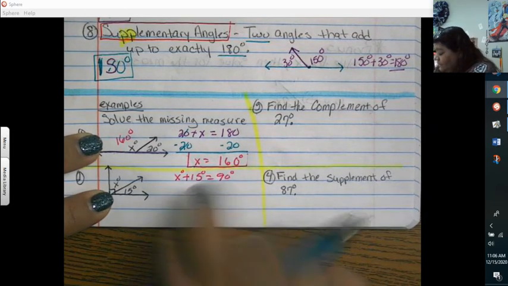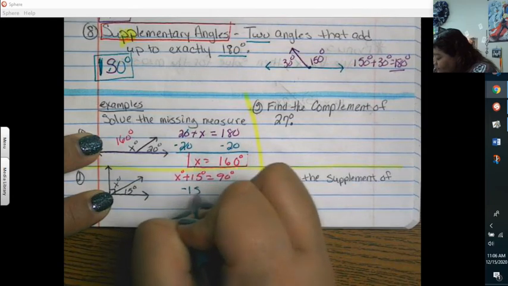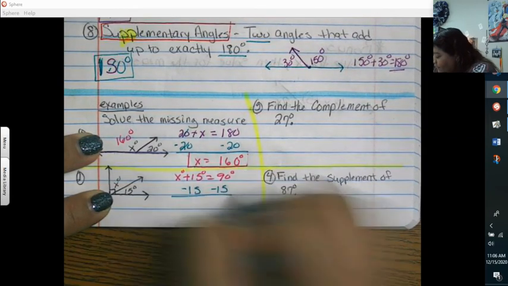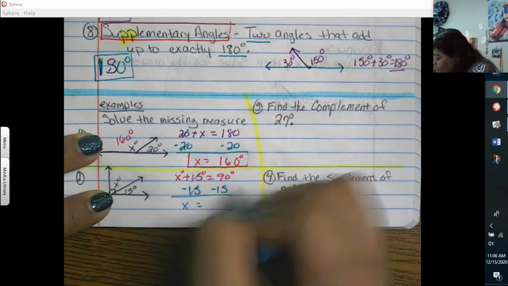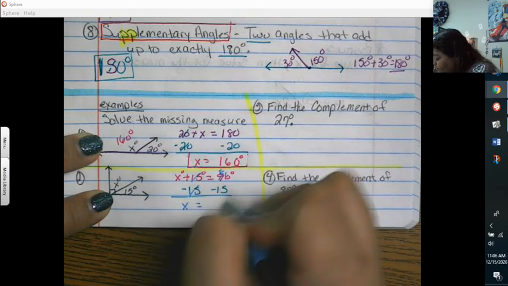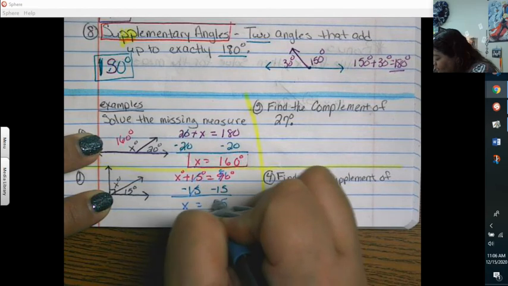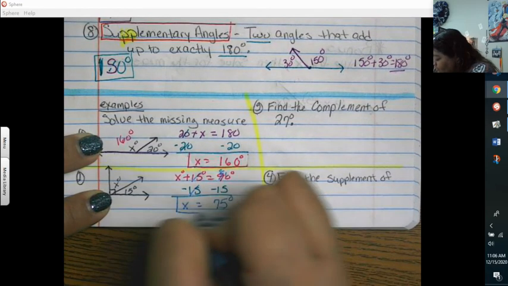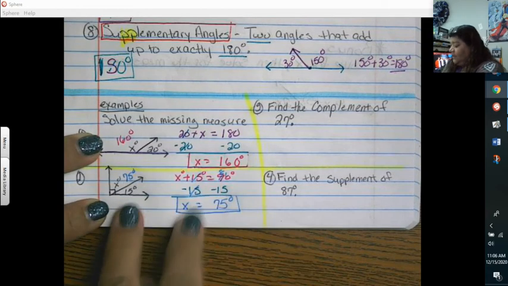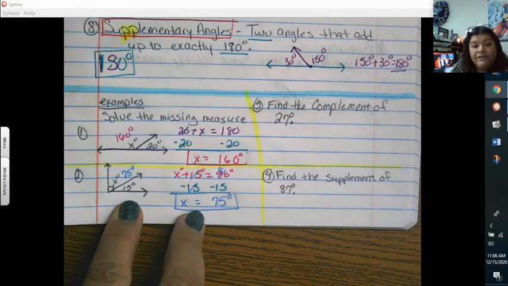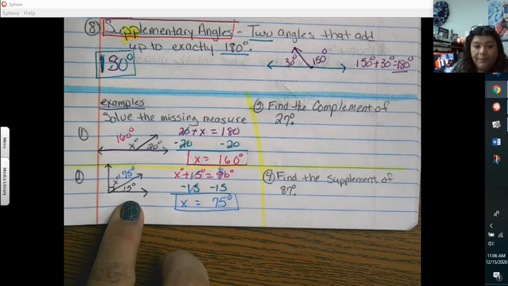So instead of adding the 15, I'm going to subtract 15. And that gives me x is equal to 75 degrees. So x is 75 degrees. And I can check, if I do 75 plus 15, I do get the 90.